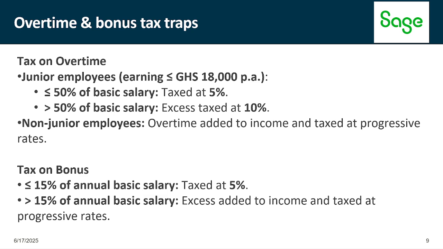Anything you are paid, even if it's called overtime, is not taxed at the overtime rate because you are not a junior employee. As far as your basic salary is more than 1,500, this 5% and 10% is not applicable to you. Your earning will be added to your total earning and taxed progressively at the table.